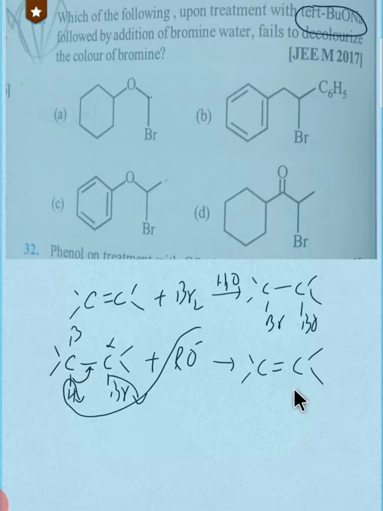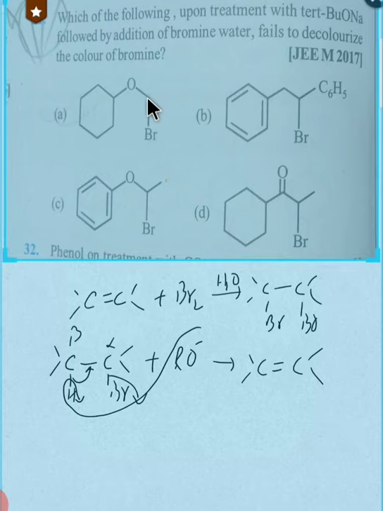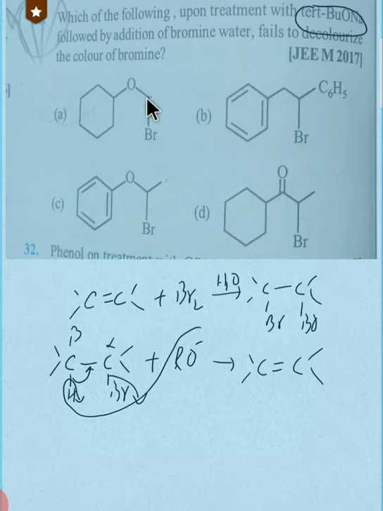Beta elimination will take place to form a double bond, and if a double bond is formed in the first reaction, then bromination will take place and the decolorization will occur. So there is no beta carbon atom in this option.